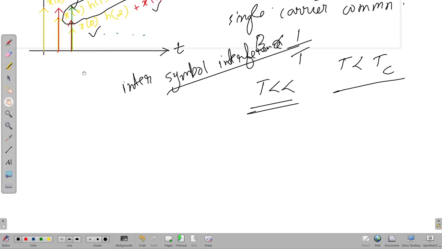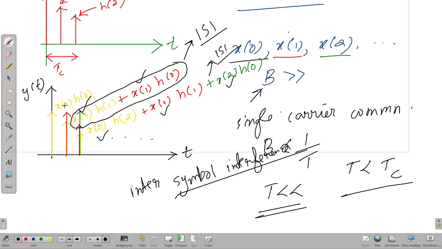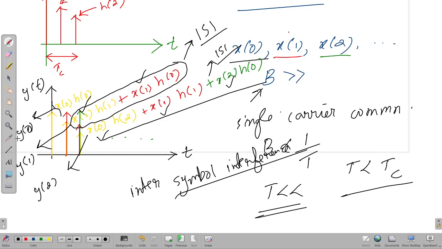Another point I want you to notice: what I have written here, x of 0 into h of 1, is the first symbol value y of 0, and x of 0 h of 1 plus x of 1 h of 0 is y of 1. It is the second symbol at the receiver, and the third symbol received at the receiver is this quantity y of 2, and this actually defines a convolution operation.